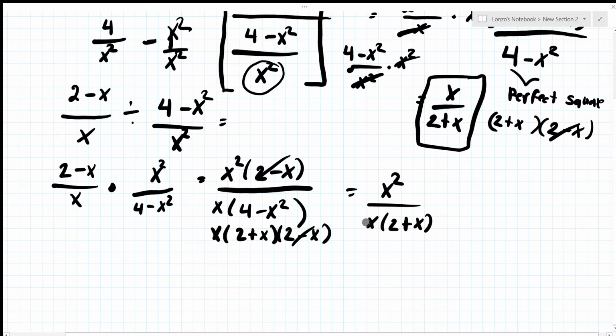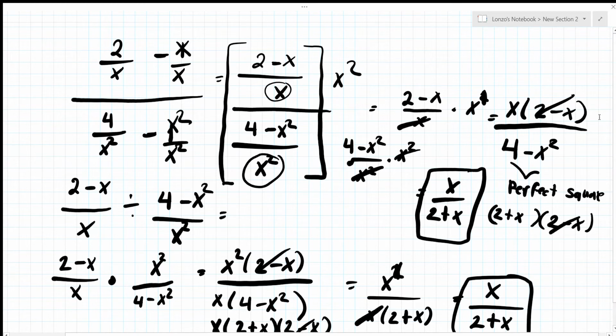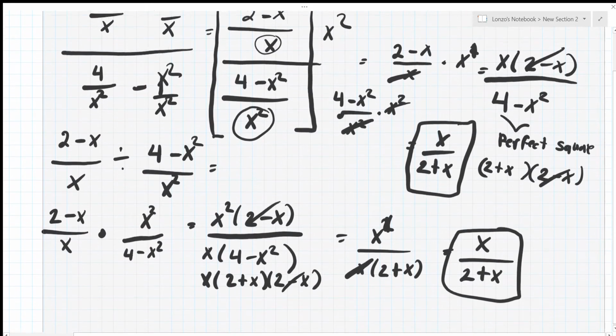The x cancels, so you're just left with x over 2 plus x. So you get the same answer. I just like the bracket way because it's simpler for me. But you don't have to. If you want, you could just do it the other way.